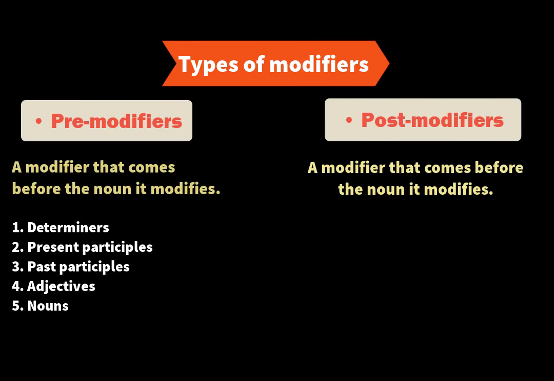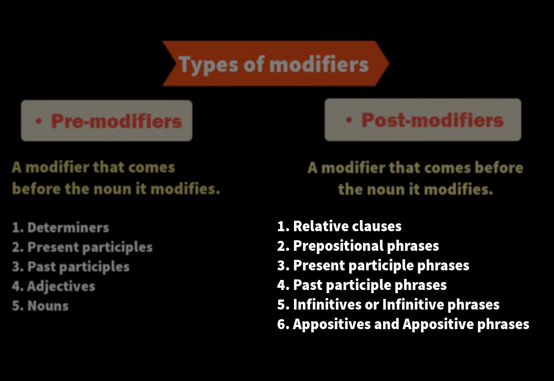Now, what comes in a post-modifier? In a post-modifier, we have six things. Number one, a relative clause. Number two, a prepositional phrase. Number three, a present participle phrase. Number four, an infinitive or an infinitive phrase. And number five, an appositive or an appositive phrase.